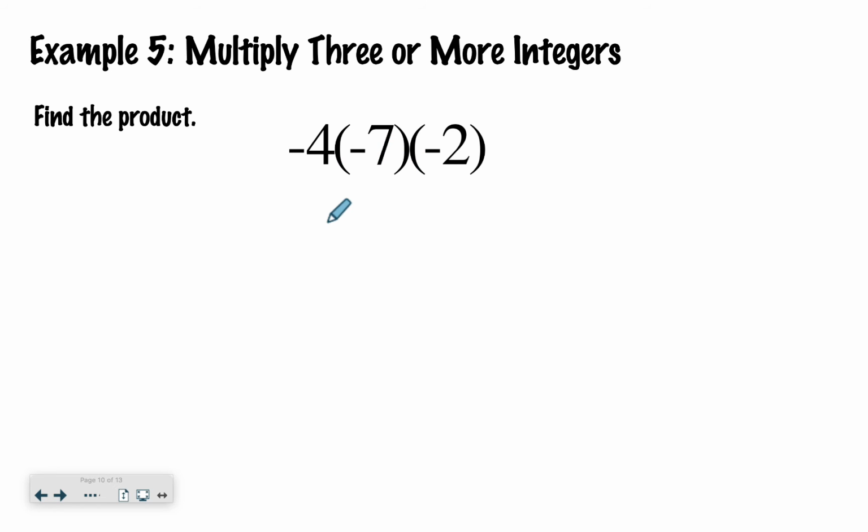All right, example 5. Multiply 3 or more integers. Okay, so find the product. Negative 4 times negative 7 times negative 2. So we have the first two numbers, I'm going to multiply these together. Negative 4 times negative 7 is going to be positive, and 4 times 7 is 28.